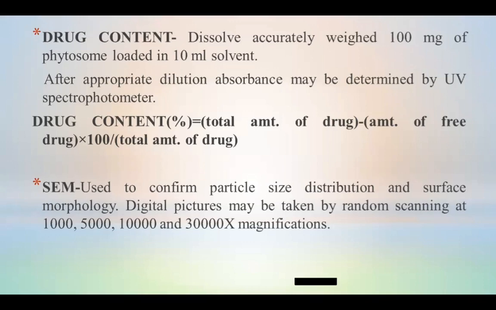Scanning electron microscopy is also known as SEM. Scanning electron microscopy is used to confirm particle size distribution and surface morphology. Digital pictures may be taken by random scanning at 1,000, 5,000, 10,000, and 30,000 times magnifications.